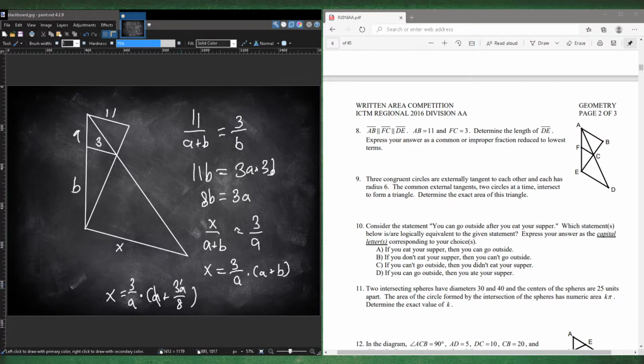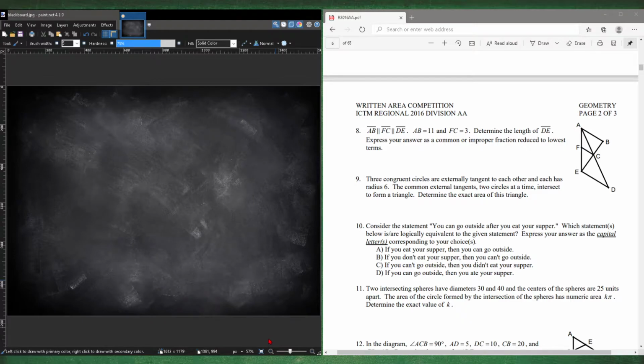Then you could just distribute out and cancel out the A. That would give us 3 times the coefficient here, which is 1 and 1 over 8, so that is 11 over 8 times 3, which gives us 33 over 8. And that's our answer for number 8. Basically, just use similar triangles.